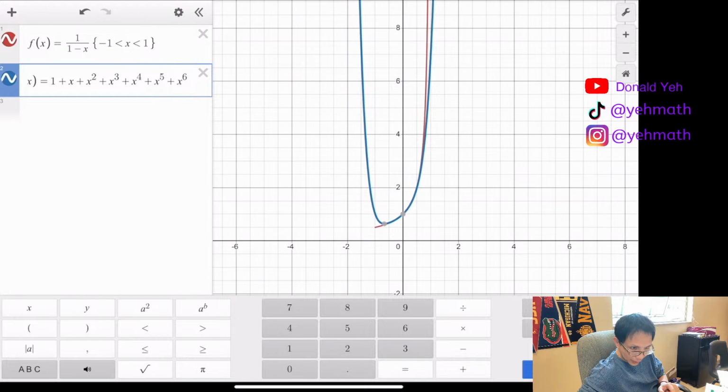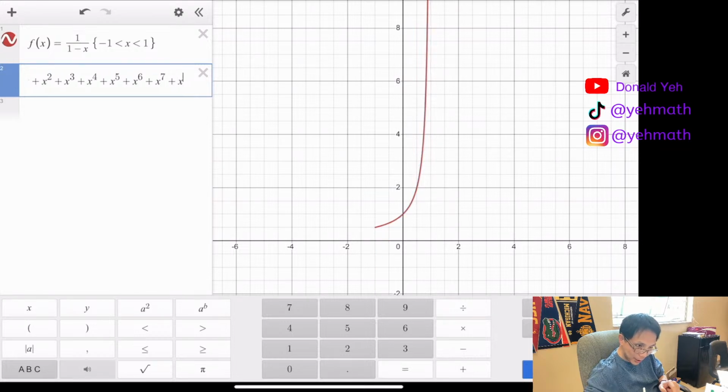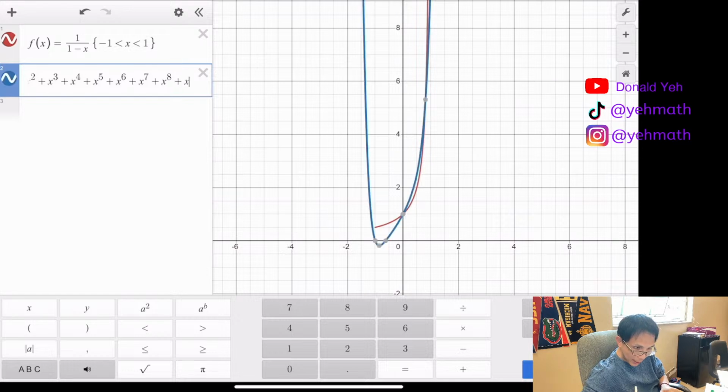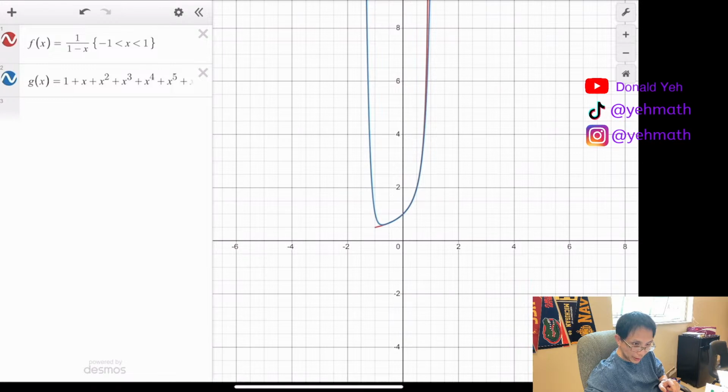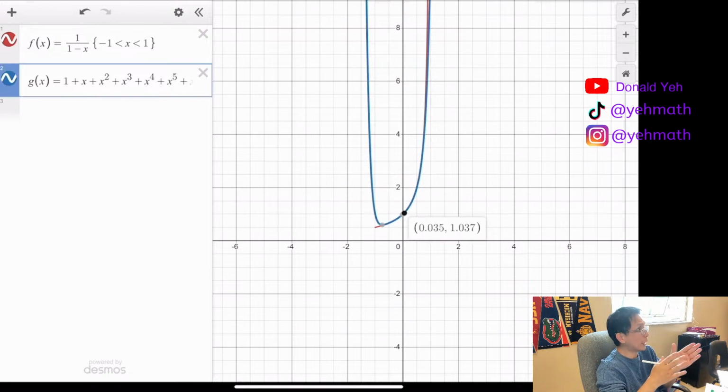It's getting there. Plus x to the 7 plus x to the 8, plus x to the 9, very close, plus x to the 10, and we're going to stop at 10. So it turns out the more iterations I continue, the more exact it's going to represent between -1 to 1.